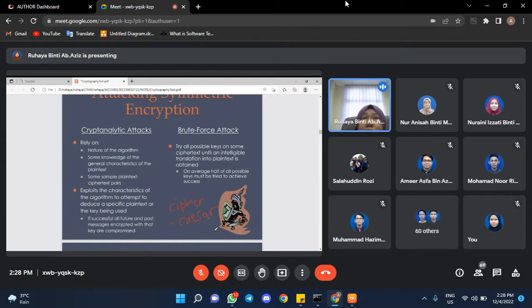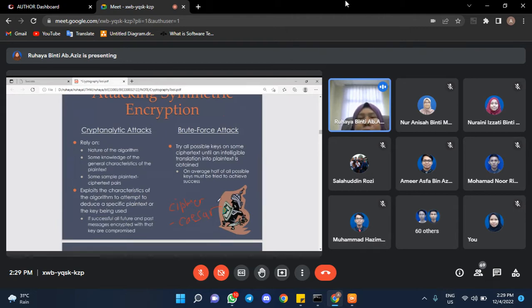If it's just shifted like that, it's quite easy to predict this cipher. So it can be exploited, it's easy to attack.